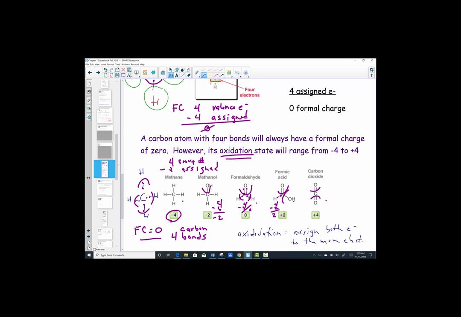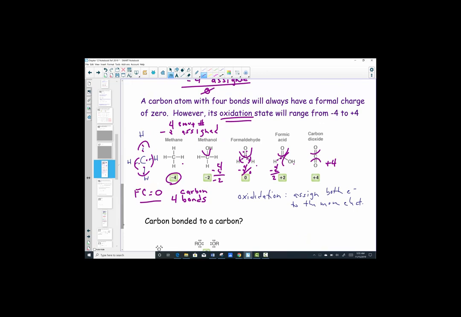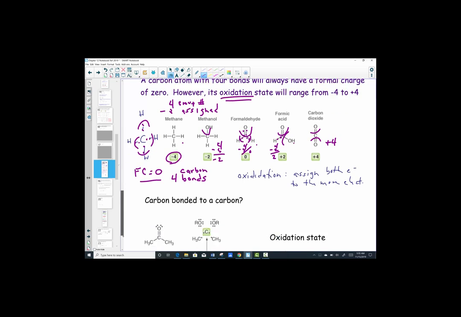All of those electrons in the bonds would be assigned to oxygen, giving it a net +4 oxidation number. So when we track carbons we are looking at assigned electrons. We can see a wide variety of oxidation states, and yet every one of these examples has a formal charge of 0. Just want to emphasize they are not the same vocabulary.